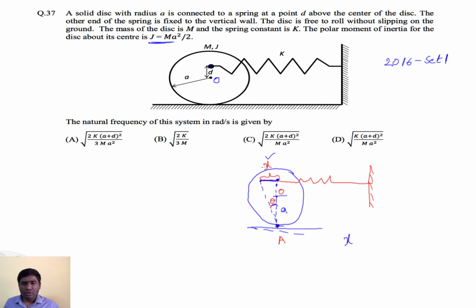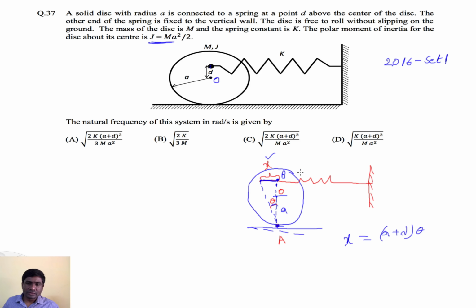What is x? The amount of stretch in the spring. That is x equal to theta into the distance from A to this point. Let's say this is B. That is AB equal to a plus d. So x equals (a plus d) into theta.